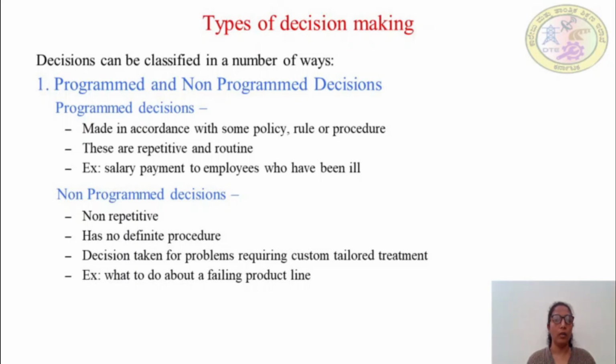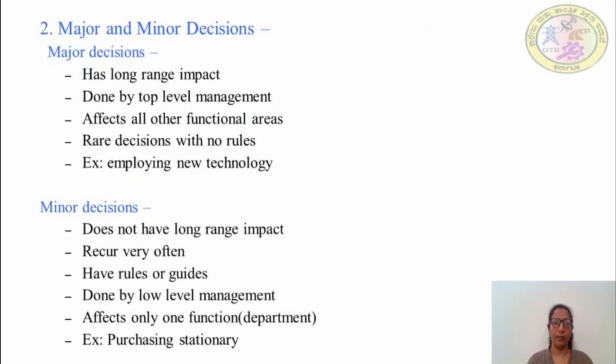It is possible for two managers to arrive at distinctly different solutions to the same problem. For managers at higher level, this ability to make non-programmed decisions becomes very important. The next type of classification is major and minor decisions.